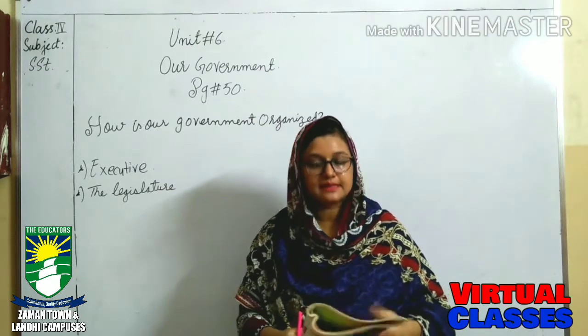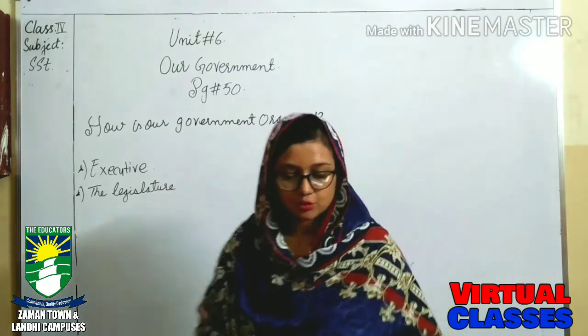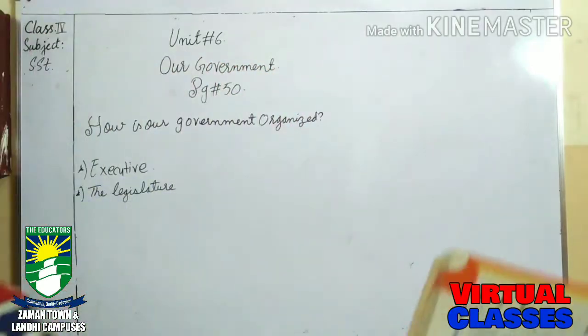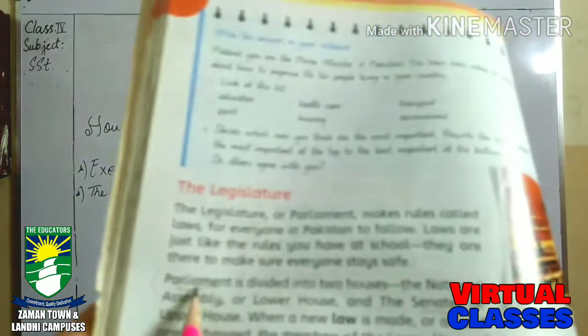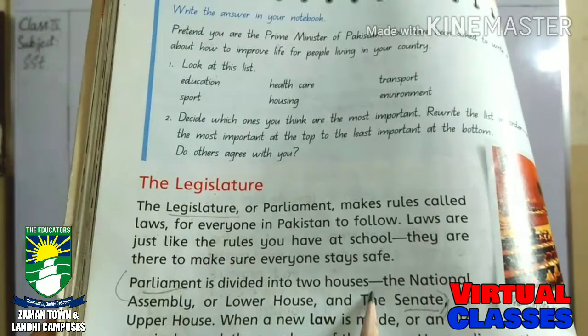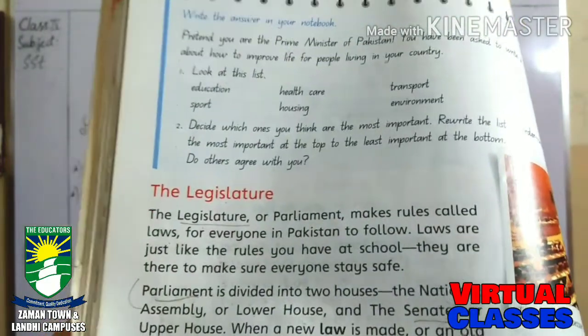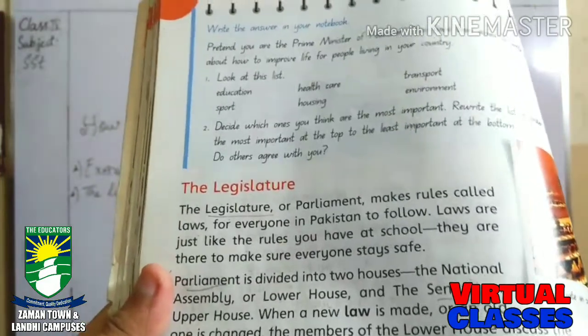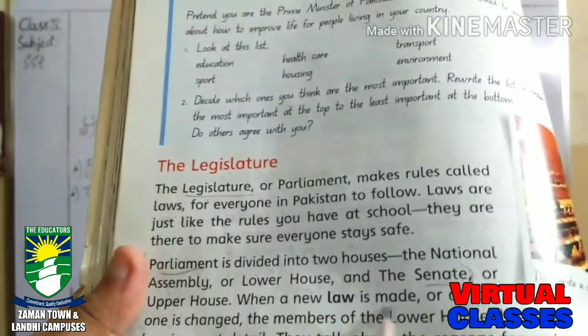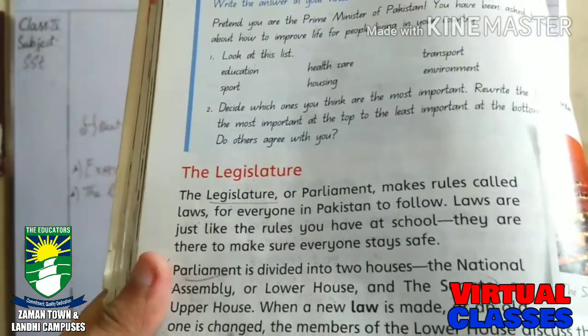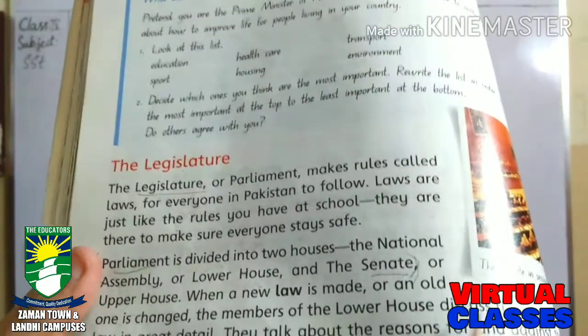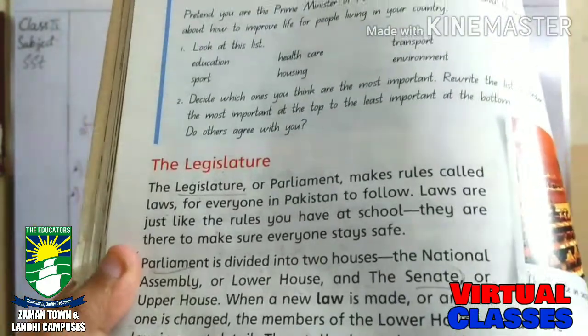Now the parliament is divided into two houses. You can see in the book: Parliament is divided into two houses, the National Assembly or lower house and the Senate or upper house. When a new law is made or an old one is changed, the members of the lower house discuss the law in great detail.